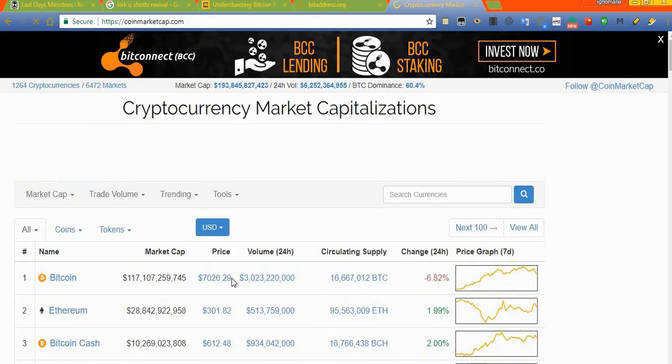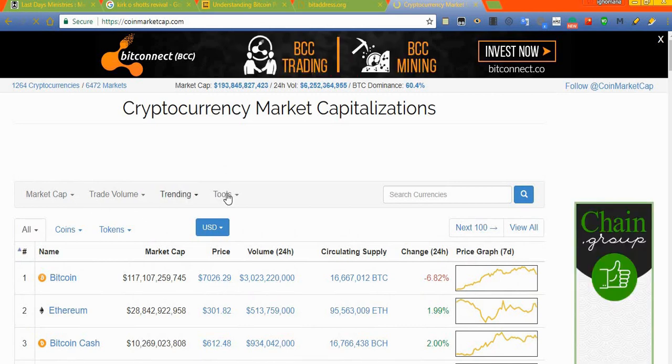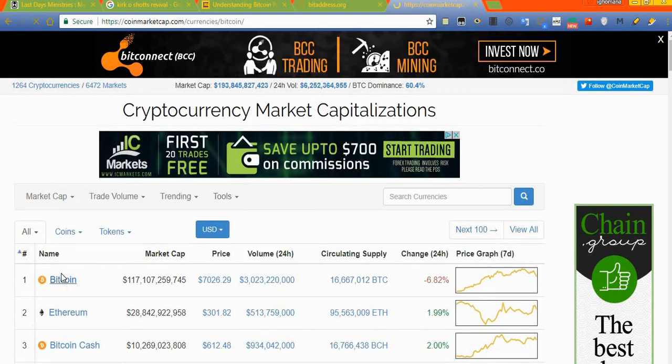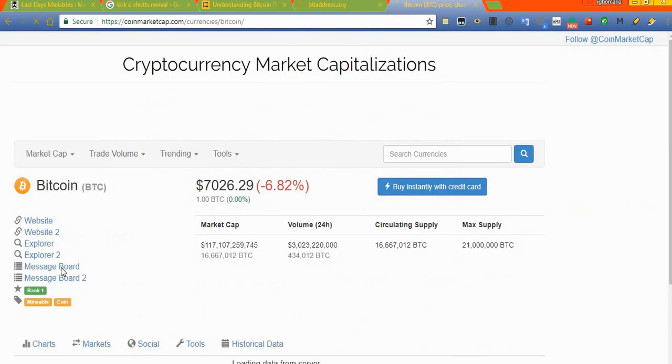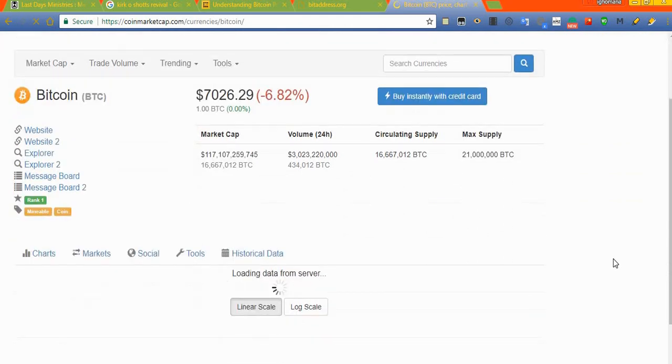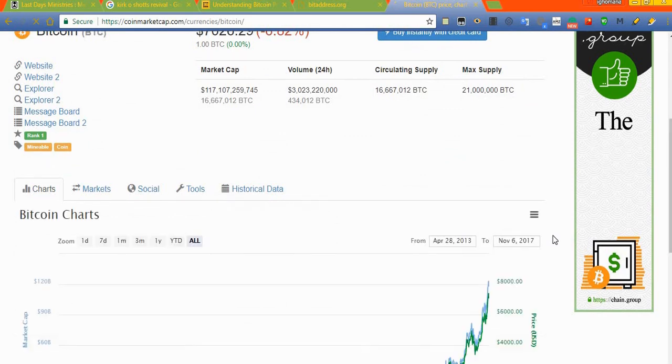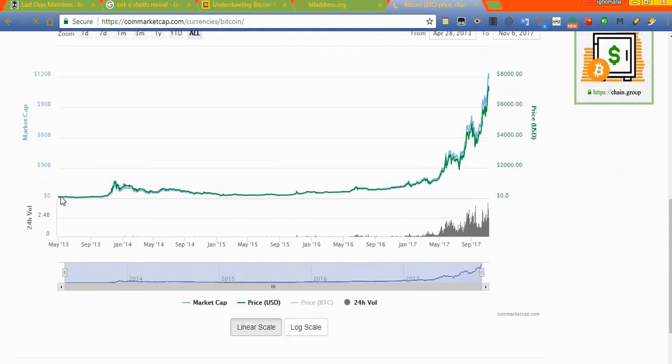Like Bitcoin just fell now. So you click here and now you see the chart over time.